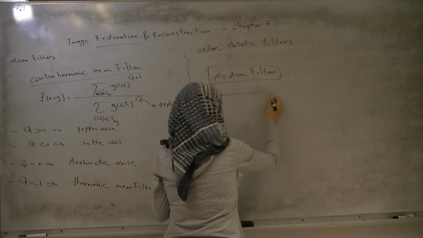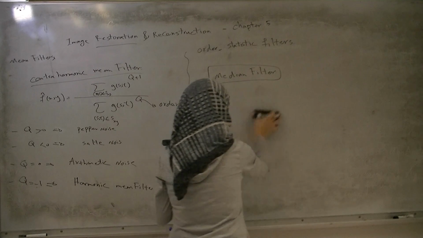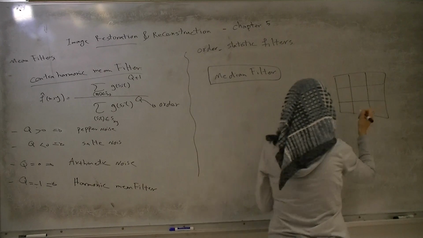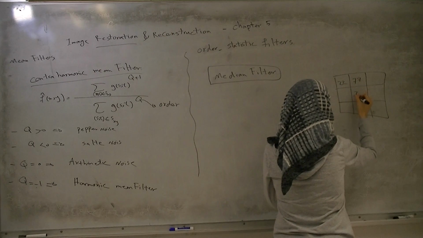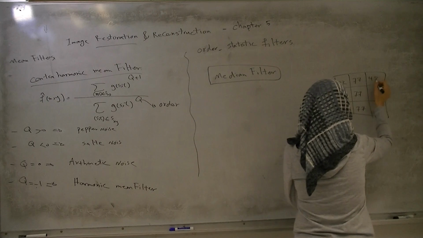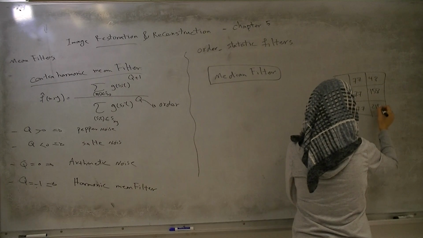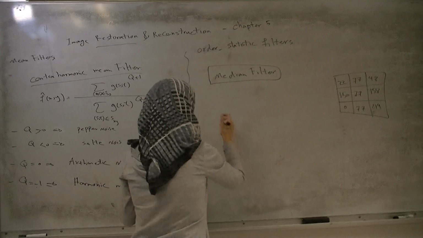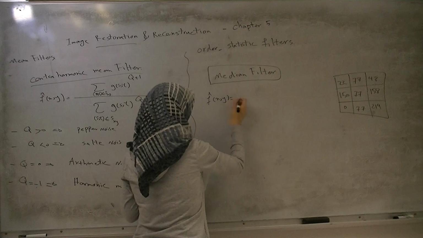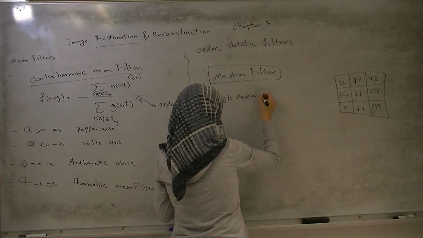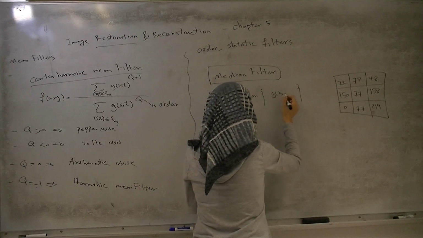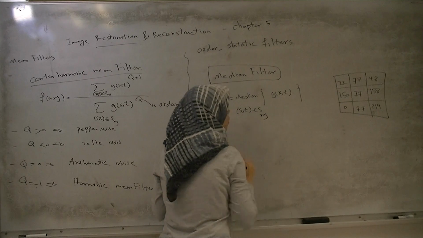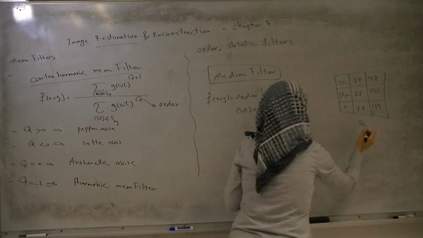For example, if our S_xy is something like that, the output is the median of the g(s,t) for all of the s and t in S_xy.